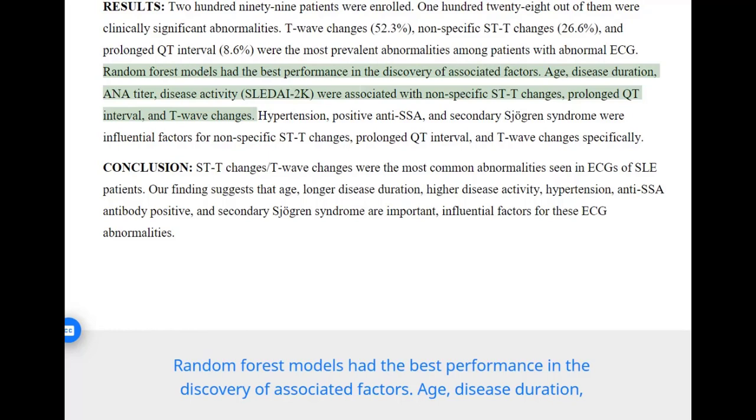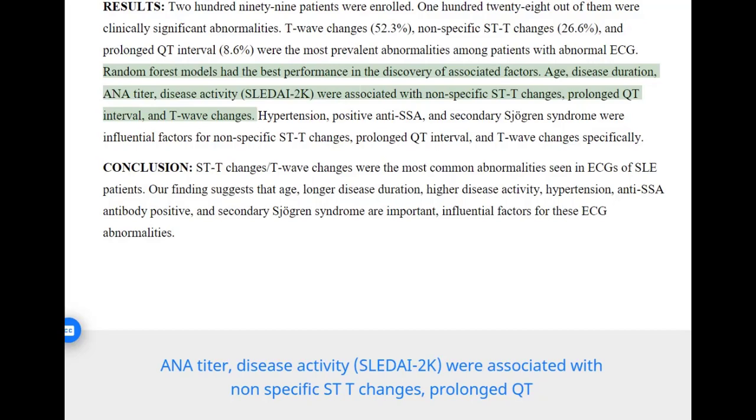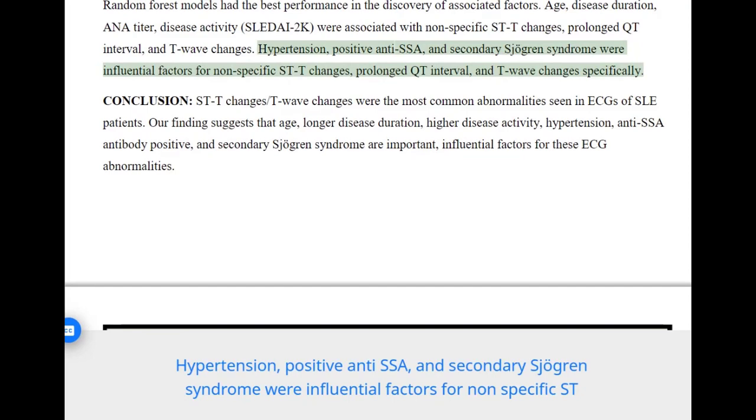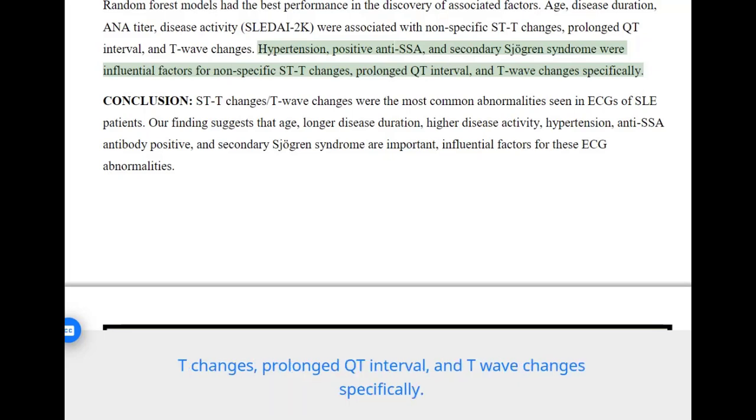Age, disease duration, anti-titer, and disease activity, SLEDAI-2K, were associated with nonspecific ST-T changes, prolonged QT interval, and T-wave changes. Hypertension, positive anti-SSA, and secondary Sjögren syndrome were influential factors for nonspecific ST-T changes, prolonged QT interval, and T-wave changes specifically.